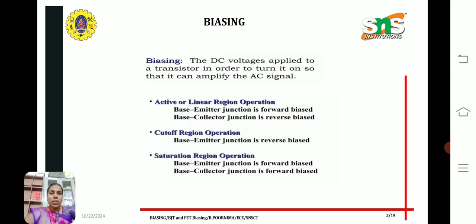The cutoff region, where the base emitter junction is reverse biased and the collector base junction is also reverse biased. And the saturation region, where the base emitter junction is forward biased and the base collector junction is also forward biased. So to operate the transistor in a particular region, we need to bias the transistor as per this condition.